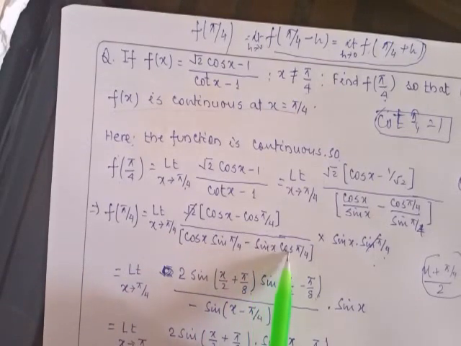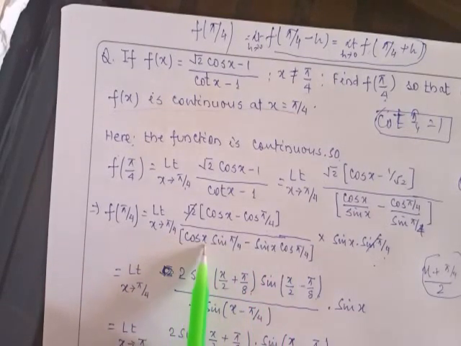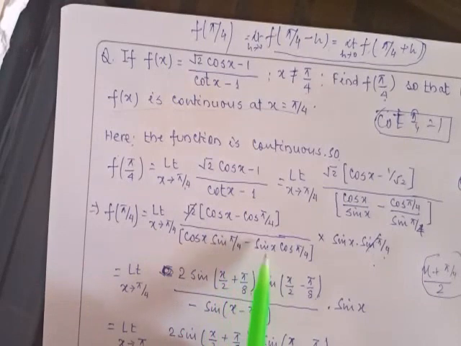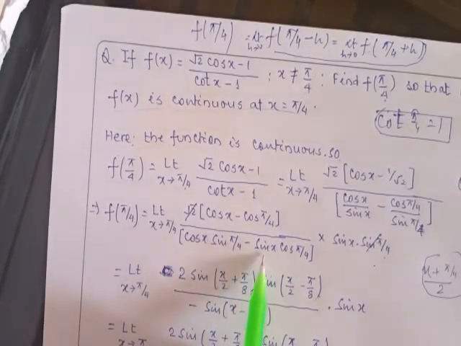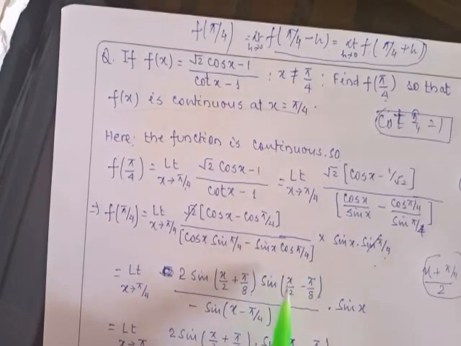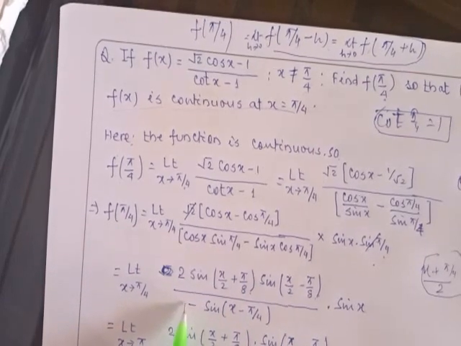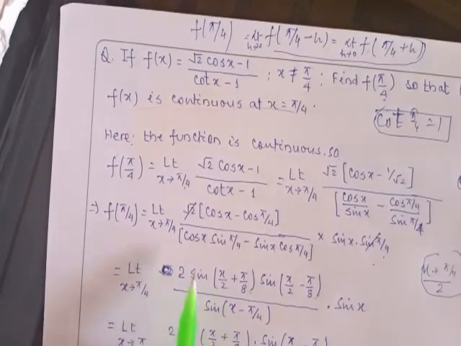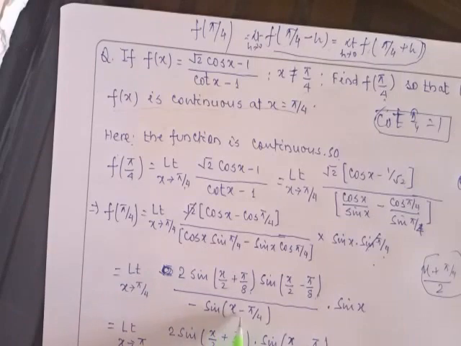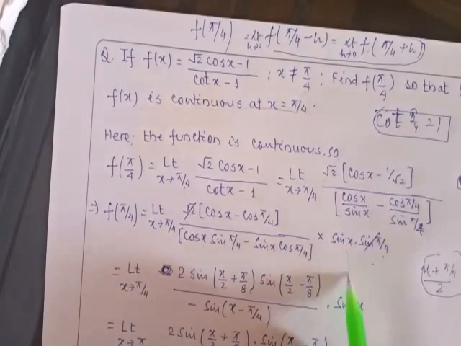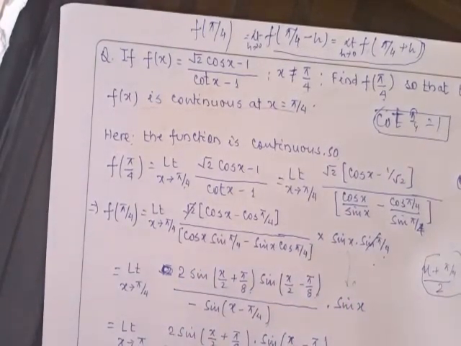Sin A into cos B minus cos A into sin B. This is the formula for sin (A minus B), where A is x and B is pi by 4. So after taking negative or minus as common, it becomes sin (x minus pi by 4), and into sin x is already here.